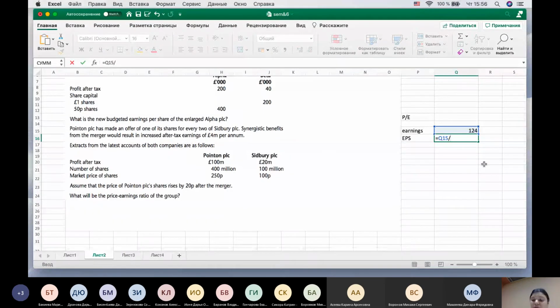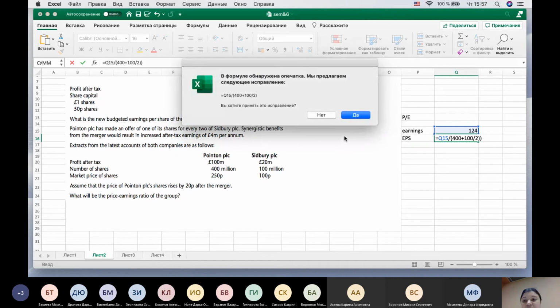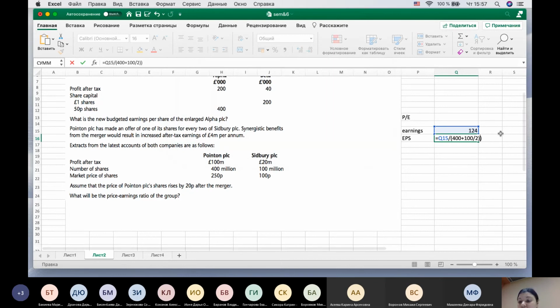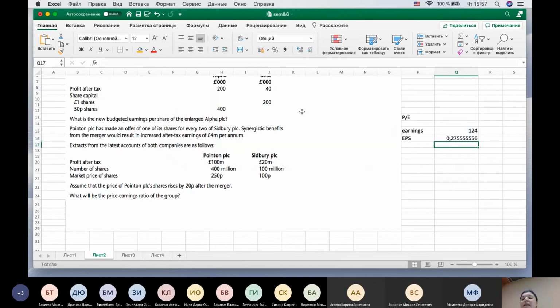And for your solution, it'll be 400 plus 50 or 100 divided by 2, as 2 old Sidbury shares are exchanged for 1 new Poynton share. And it'll be 0.27.